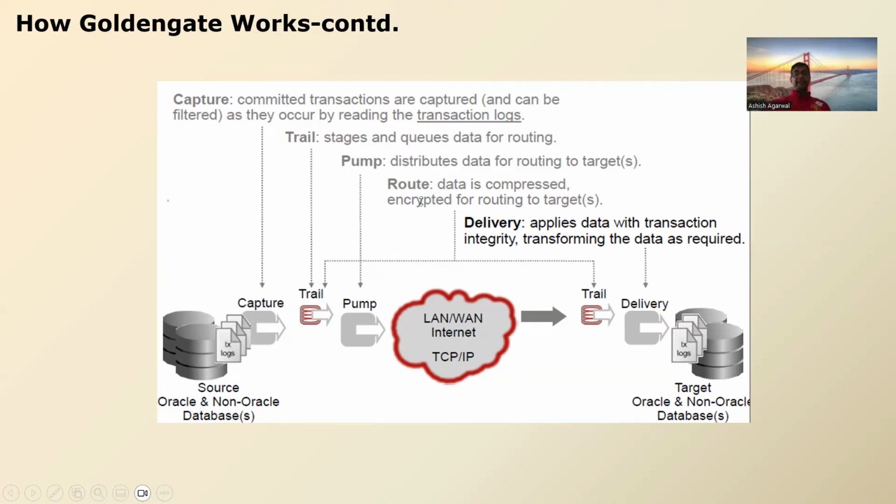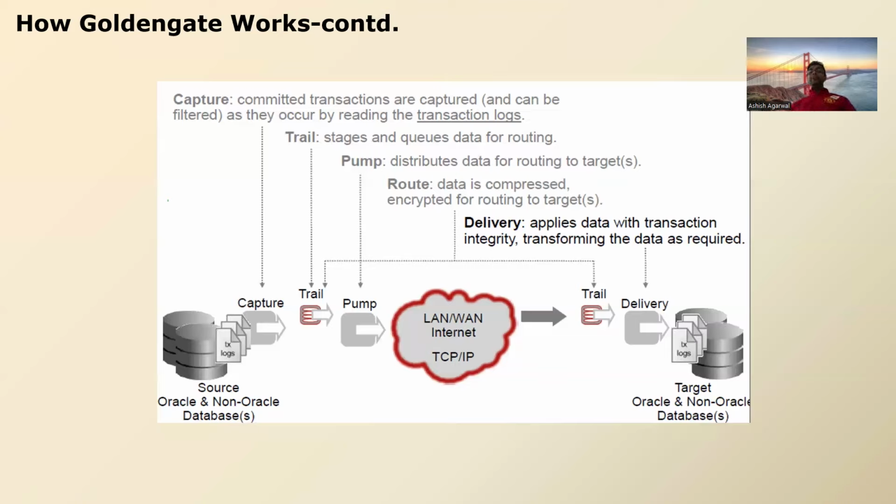So remember one thing: the capture process is the data extraction mechanism of Oracle GoldenGate. The pump process is the data transfer mechanism, which reads the data from the local trail and writes it to the remote trail, and the delivery or replicat process is the data apply mechanism, which applies the data to the target database.